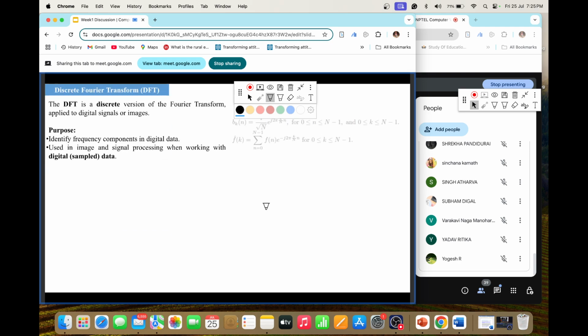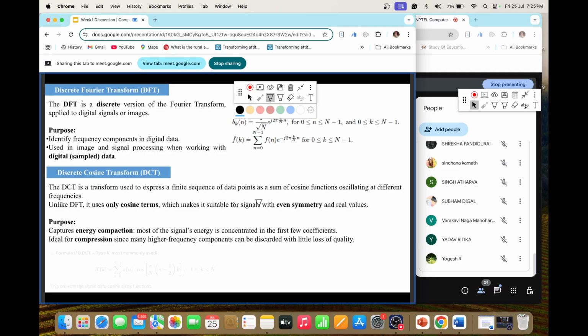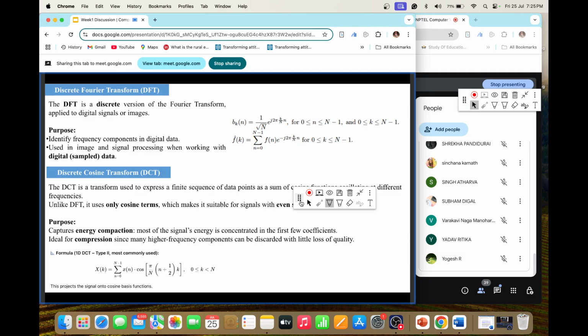These are the two things, the discrete Fourier transform and the discrete cosine transform. Again you have this function f(n) and you have this basis. What I have told you is that you have to use e to the power minus basis whenever you are doing this Fourier transform. Earlier you saw an integration sign because that is a continuous function.